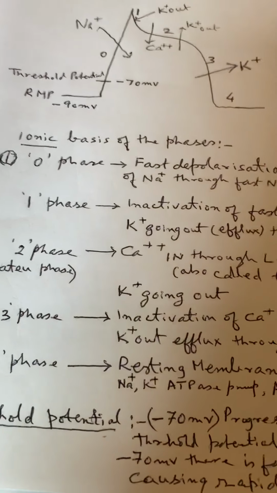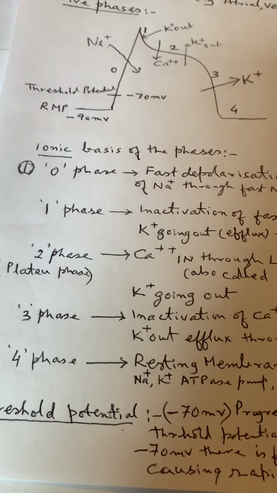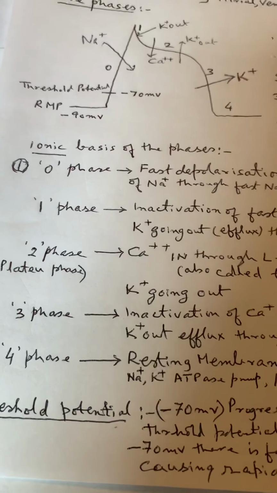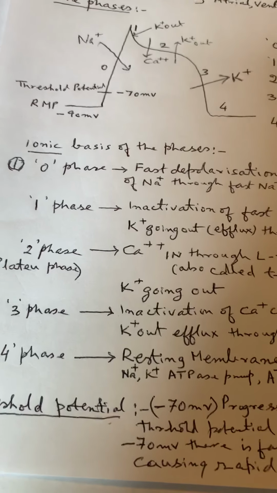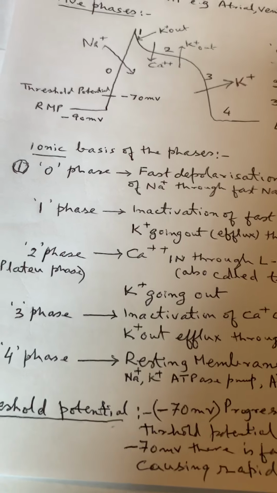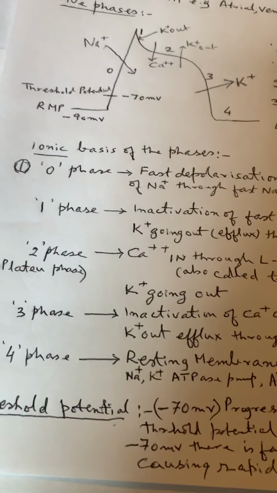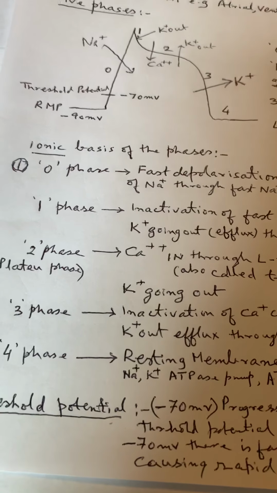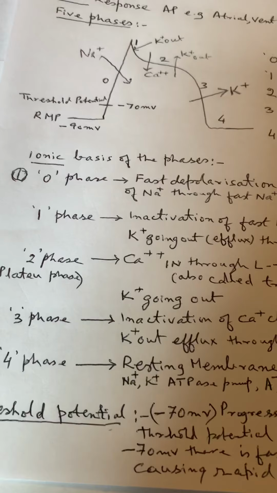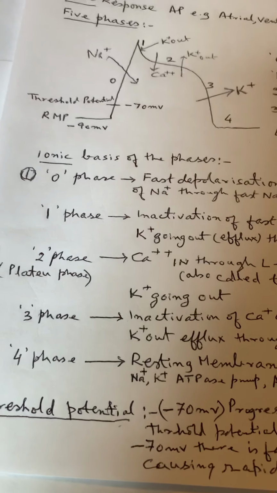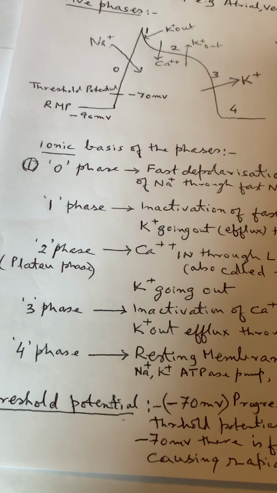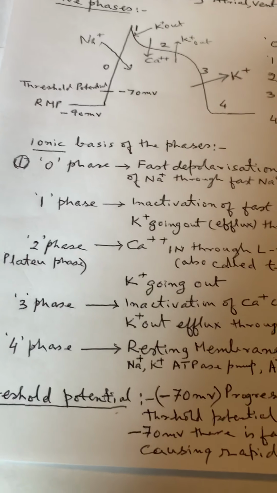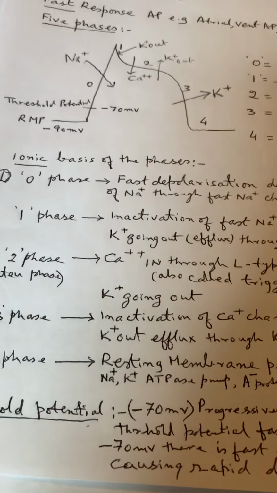One thing you should remember, with exception, that all depolarization is caused by sodium entry, and all repolarization is caused by potassium going out, except in the SA node where the zero phase, that is depolarization, is caused by calcium entry.